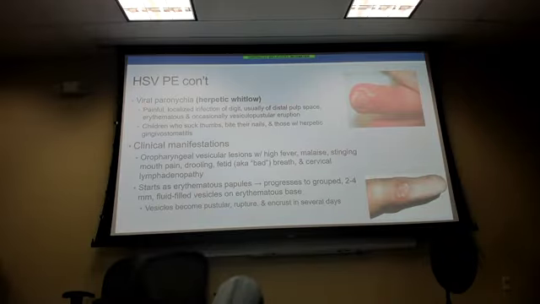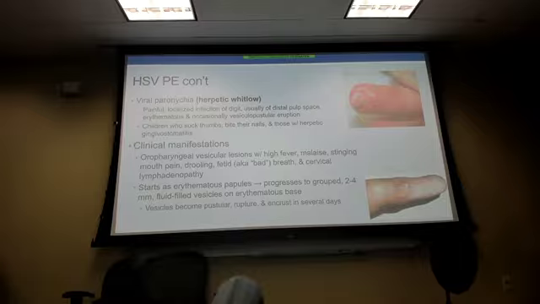Other things that it can be: if you've had a paronychia, so a local cellulitis of the skin around the nail bed, one of the reasons that can happen is from a herpes infection. The kid you're going to see is typically under 2, a kid that sucks on their thumb or fingers, has their hands in their mouth a lot, and you get that localized cellulitic infection from herpes there.